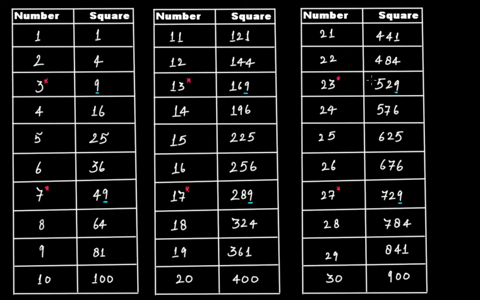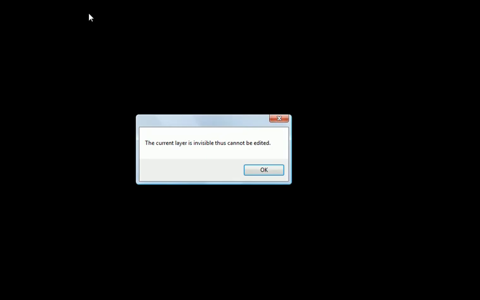So if someone asks you to tell the next 6 perfect squares ending with 9, your answer will be yes. Like 3, 7, 13, 17, 23, 27. So next you have 33 times 33, whatever you get will end with 9, and then 37 times 37, whatever number you get will end with 9.